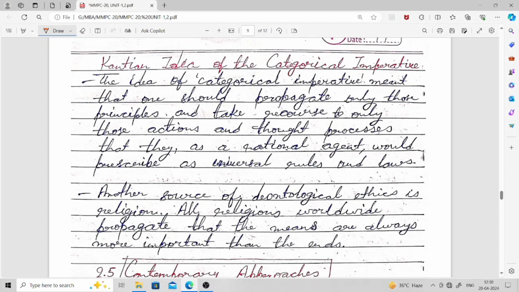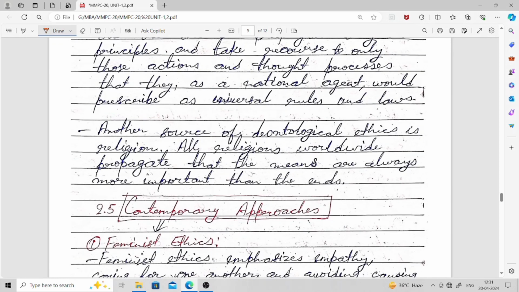It means that if you rationally think that something is a universal rule and law, then that should be propagated as ethical. That is the Kantian idea.